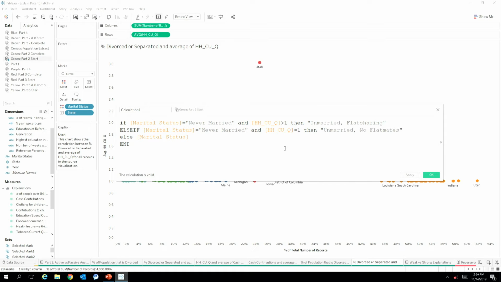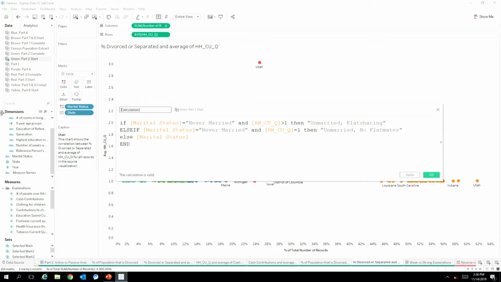Okay, so I'm creating this calculation here that's grouping together the unmarried people who live in households with more than one family into unmarried and flat sharing. I'm also grouping together the unmarried and no flatmates, and then for everyone else, I'm just saying whether they have flatmates or not is probably uninteresting because that's not a very large cohort.